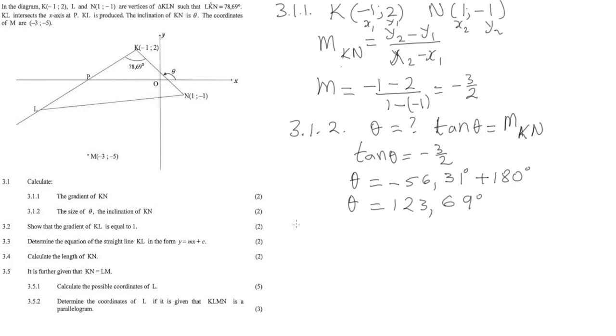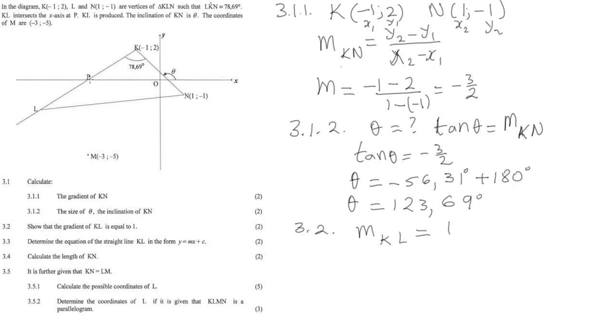Now, 3.2, it says prove that the gradient of KL equals 1. How to prove this? Now, look at this line. We don't know the point L, because if we use the formula of a gradient, we don't have the coordinate of L or the coordinate of P. We have only this coordinate.